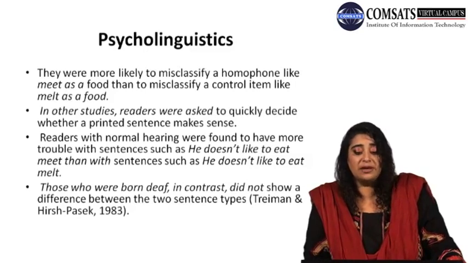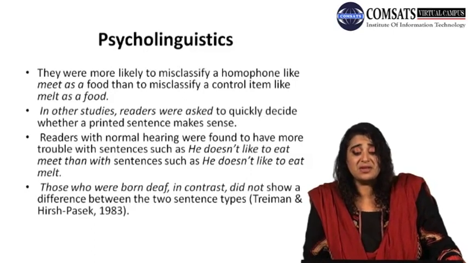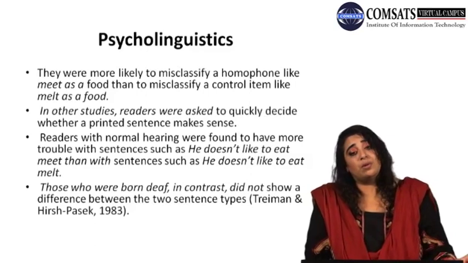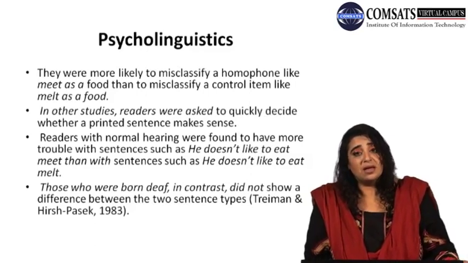Readers with normal hearing were found to have more trouble with sentences such as "He doesn't like to eat meat" than with sentences such as "He doesn't like to eat milk." People with normal hearing had more trouble deciding whether these sentences made sense.